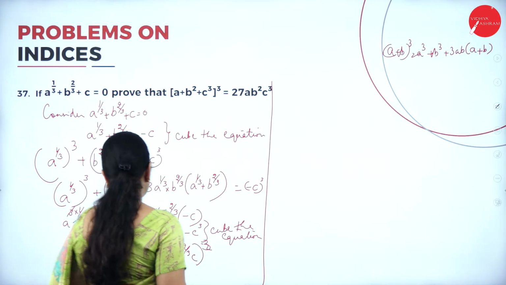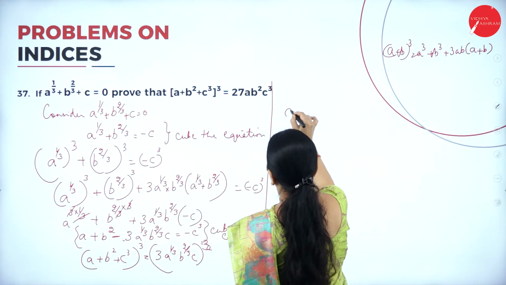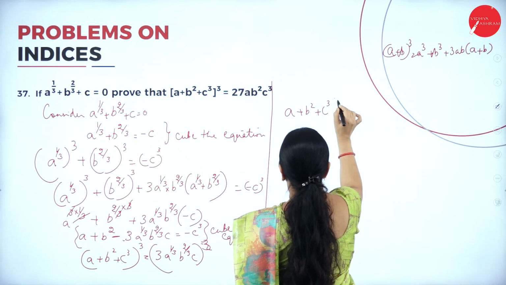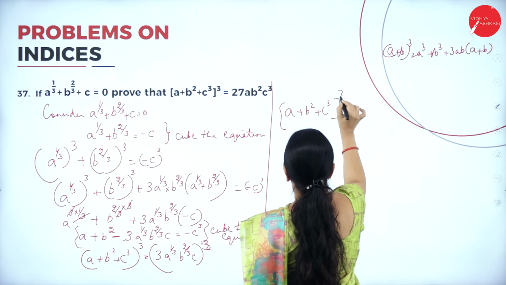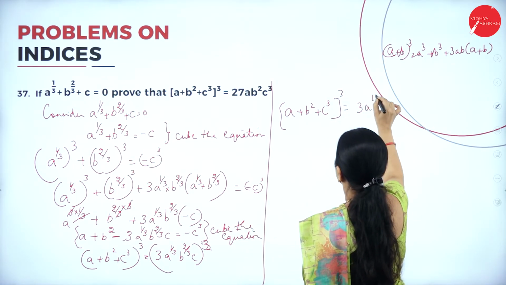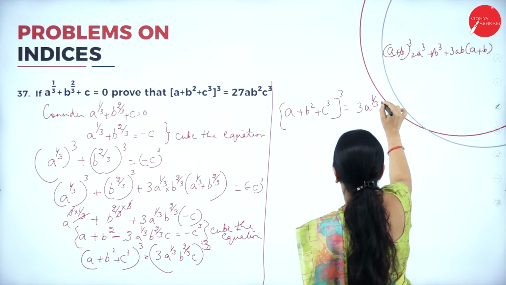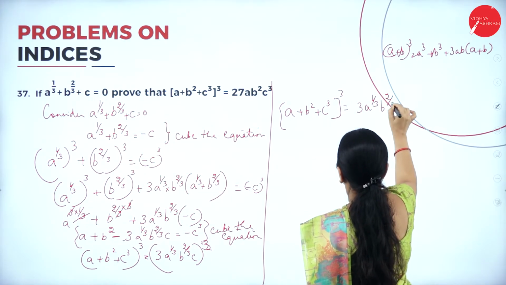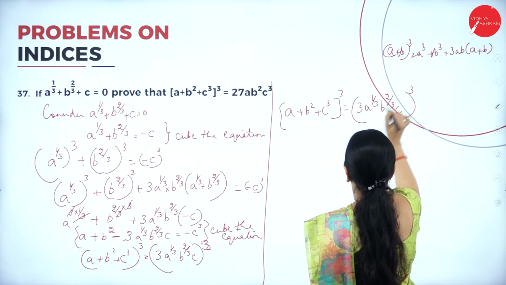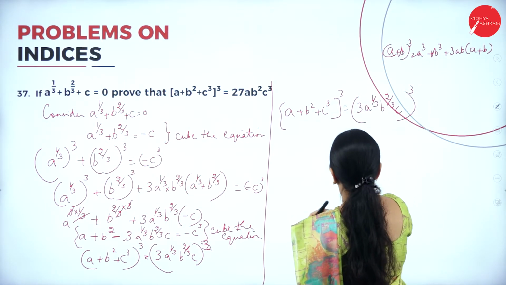So I will write it as the next step, a plus b square plus c cube, the whole cube will be equal to 3 into a to the power 1 by 3, b to the power 2 by 3 into c the whole cube. Now this will be the same.